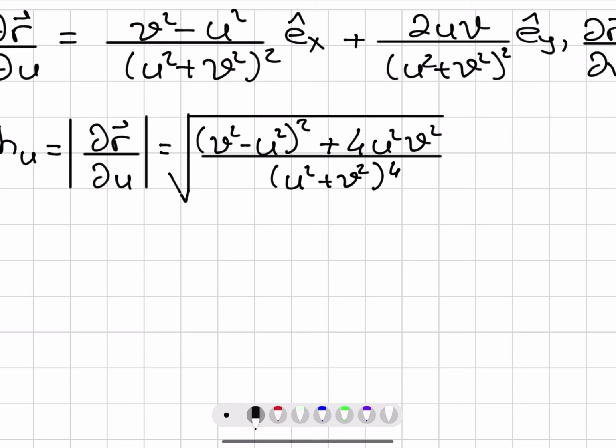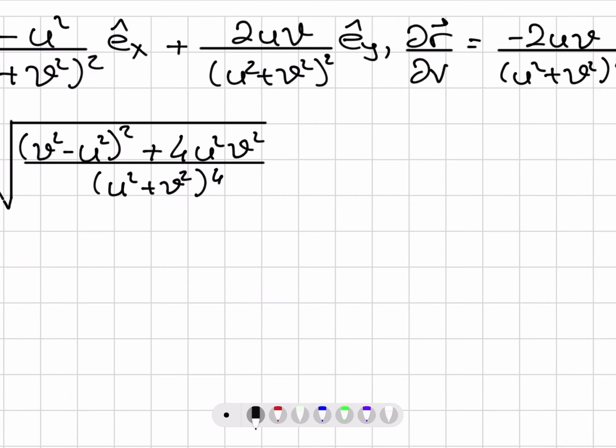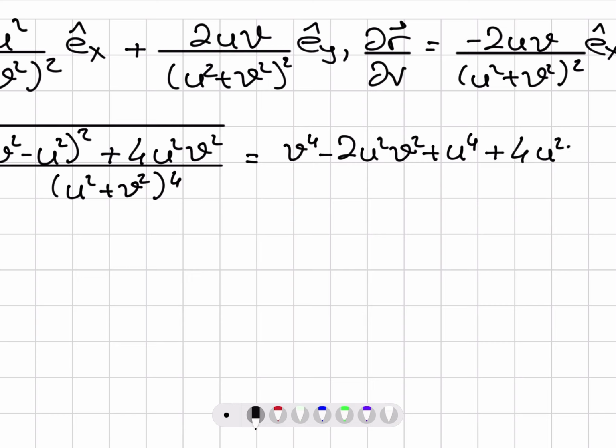Okay, and when I open this up, I'm going to get v to the fourth power minus 2u square v square plus u to the fourth power plus 4u square v square. This is divided by (u square plus v square) to the fourth power, and that's all inside the square root.